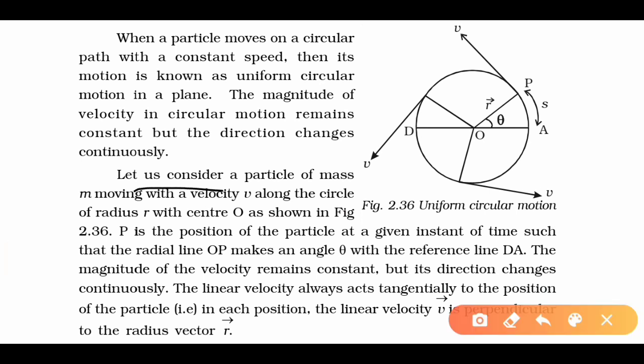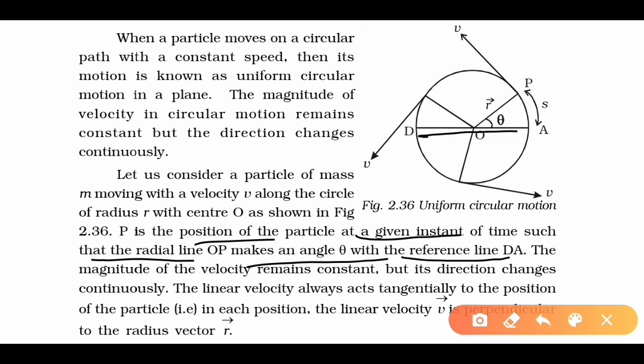Let us consider a particle of mass m moving with velocity v along the circle of radius small r with center O as shown in the figure 2.36. Point P is the position of the particle at a given instant of time, such that the radial line OP makes an angle theta with reference line DA.